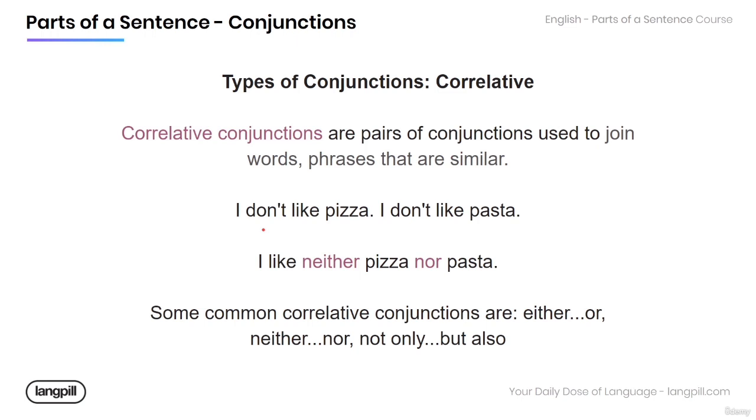We can use a correlative conjunction. I like neither pizza nor pasta. So here is our correlative conjunction. Some common correlative conjunctions are either or, neither nor, not only but also. These have to be used in pairs, together.